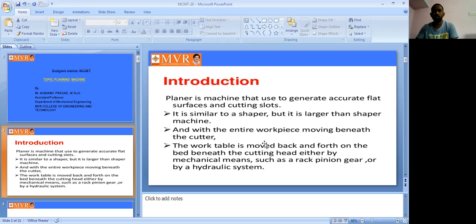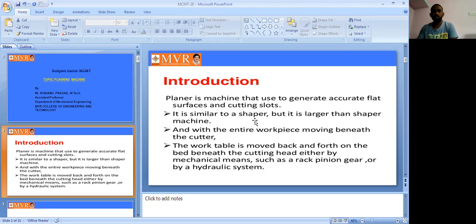This planer is also similar to the shaper. A planer is a machine used to generate accurate flat surfaces and cut slots. If we want to produce flat surfaces on a workpiece for a machine part, we can go for planing operations or for shaping machines. The shaping and planing machines are used to generate accurate flat surfaces and cutting slots. This is one of the main definitions of the planer.